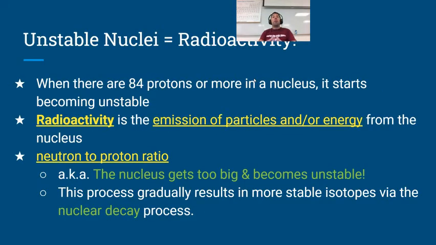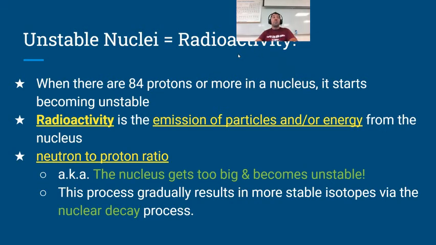All right, now, the reason that radioactivity happens is because you have unstable nuclei. Okay, now, the reason that unstable nuclei happen is when you have a really large amount of protons and neutrons in the nucleus. Okay, so generally it happens when you get 84 protons or more in a nucleus.